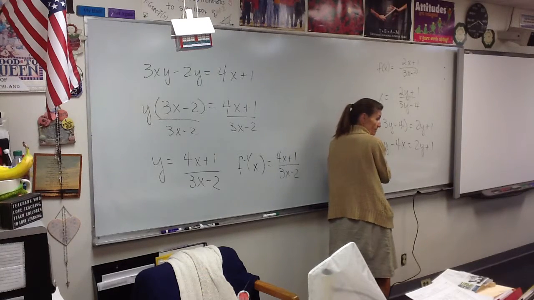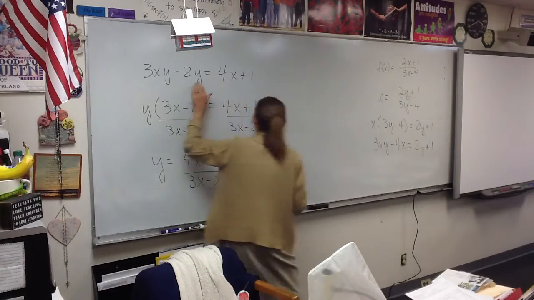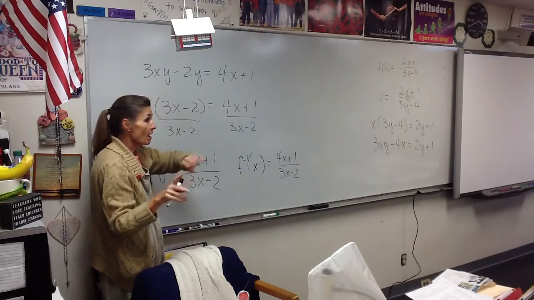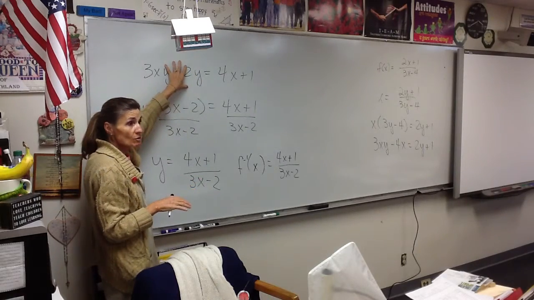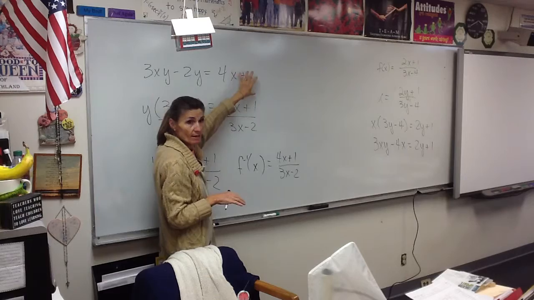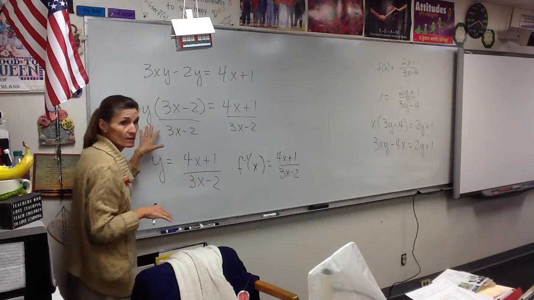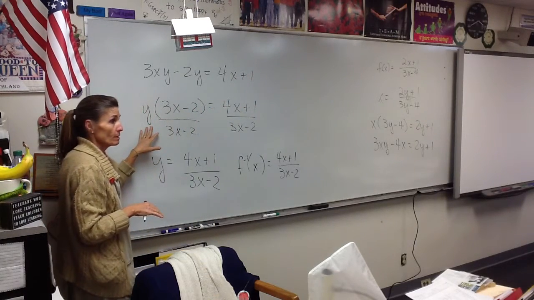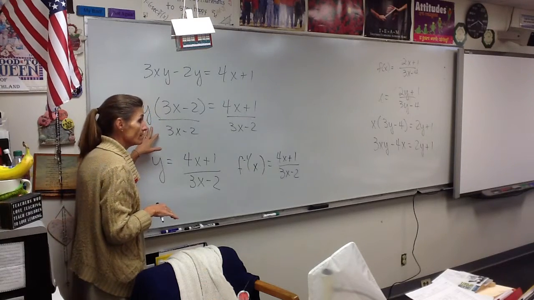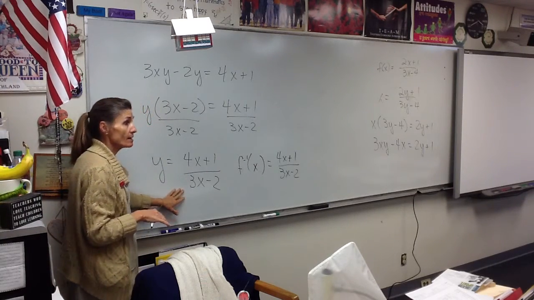Distribute it. Then what did I do? Move things around so that y's are all together on one side and non-y's are on the other side. Then what did I do? Well, I factored out a y, and then I divided.